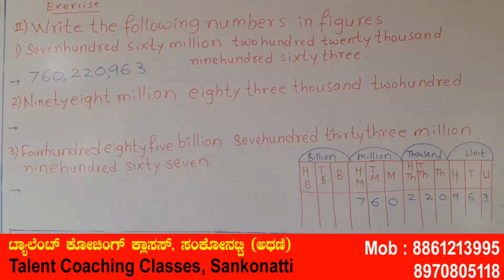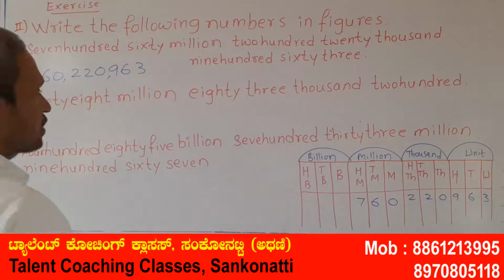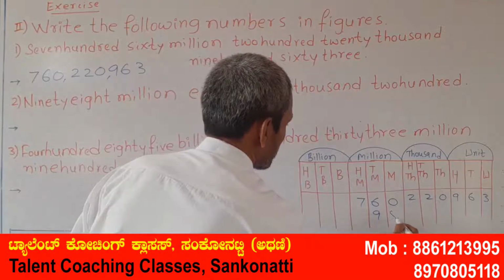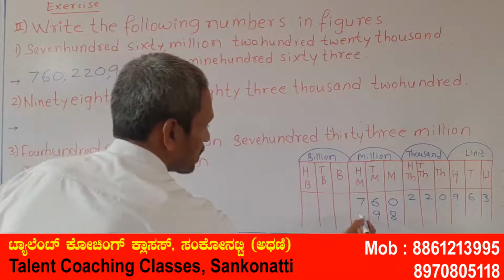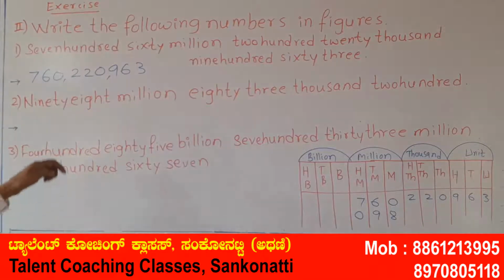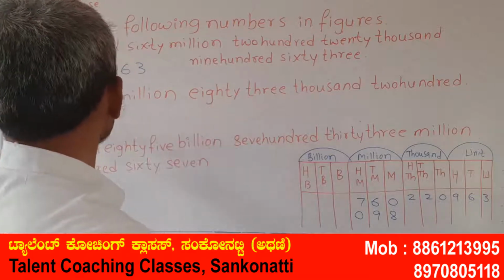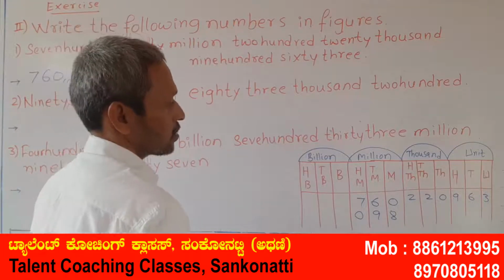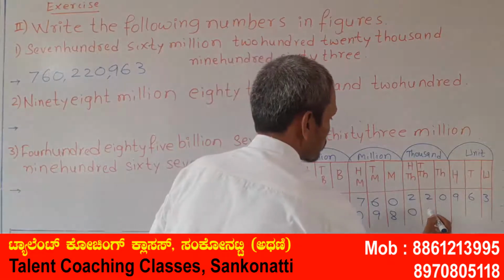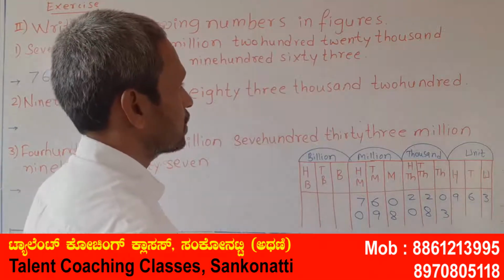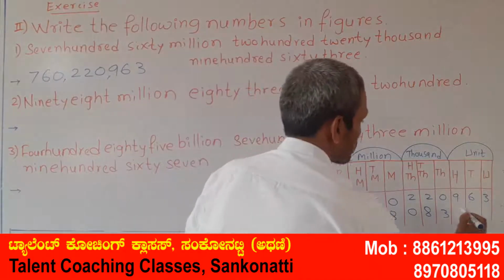Now the second one, 98 million. Where is million? Here. 98 we will write in million. Here 0. 98 million, 83,000. Here also 0. 83 in thousands. 83,200.